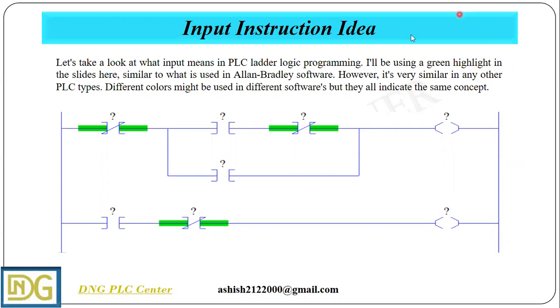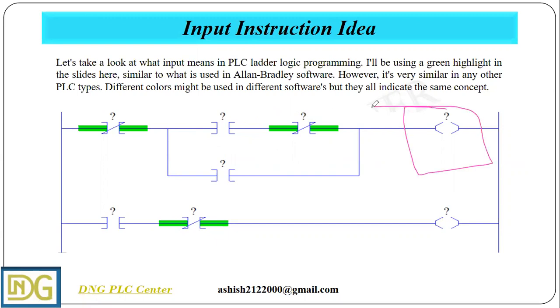When our input instructions are energized, they are highlighted in green, which can be changed in the software. These instructions are not highlighted, which means they are not energized, and these are highlighted, so they are energized.